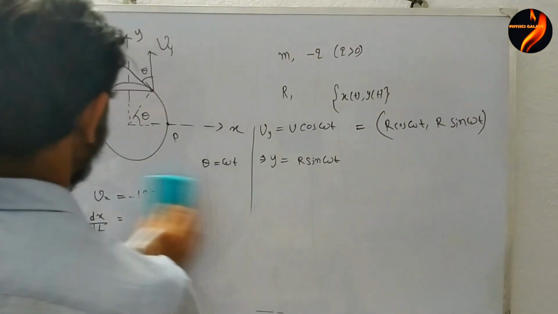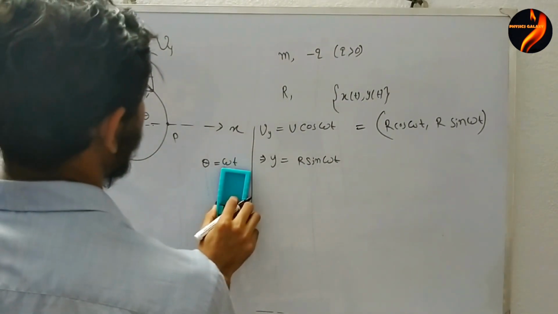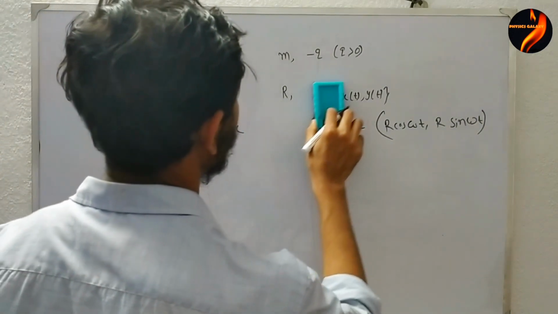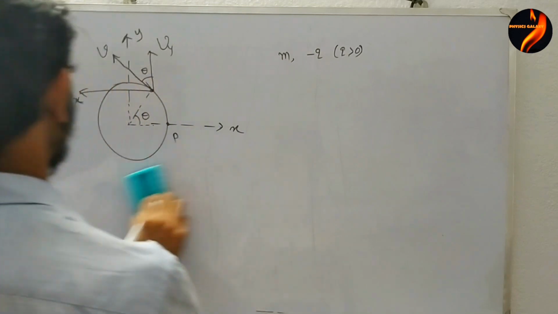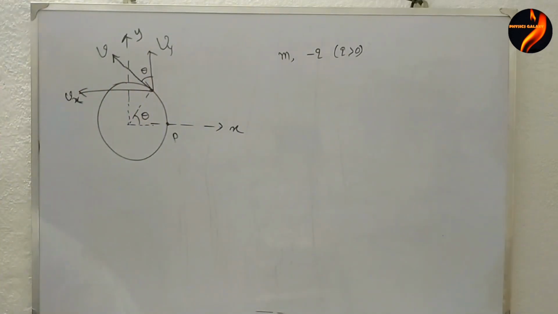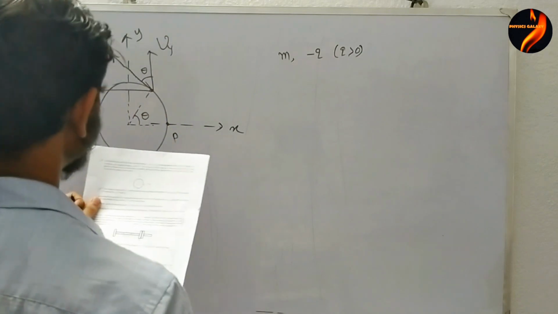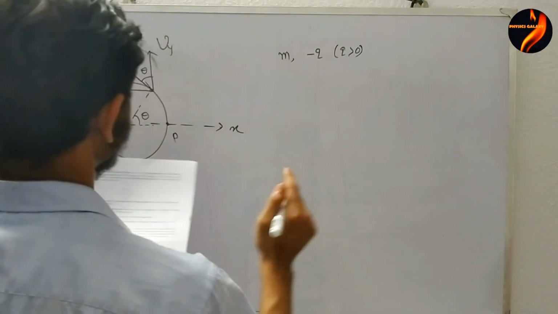Now in the next part of that question, a constant electric field E vector is introduced along the x-axis.